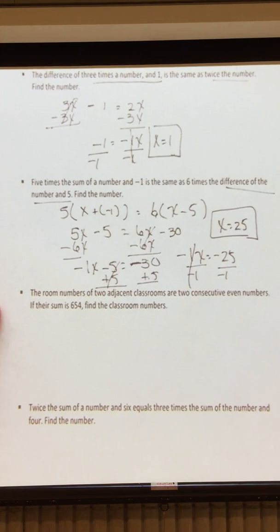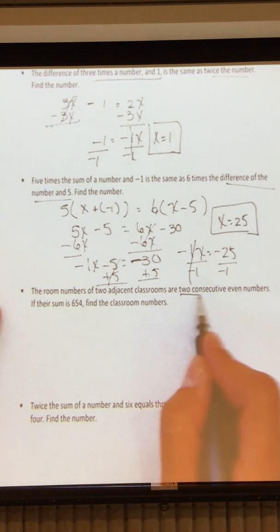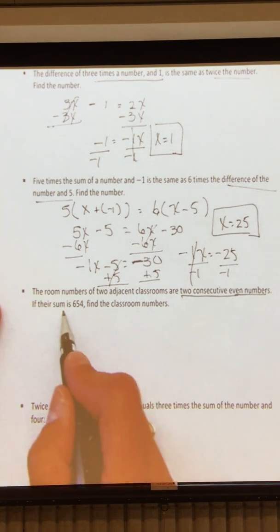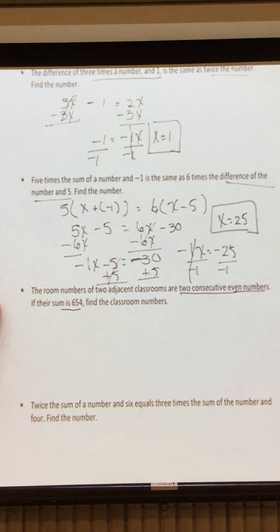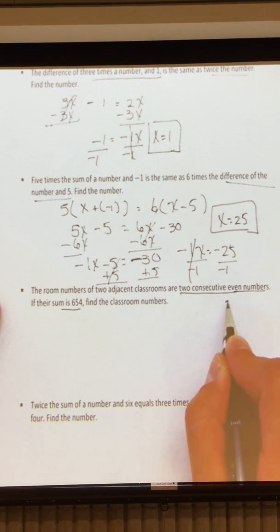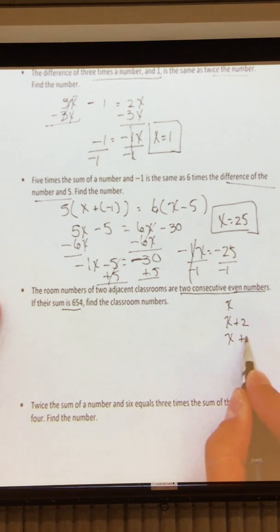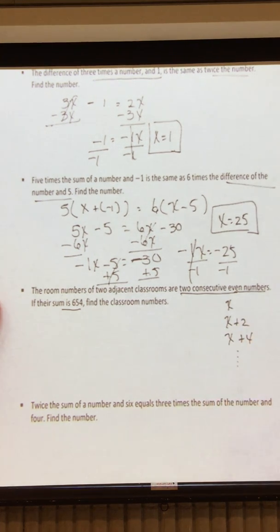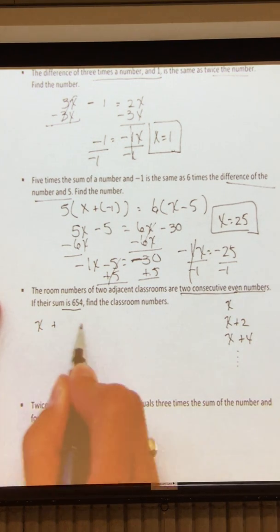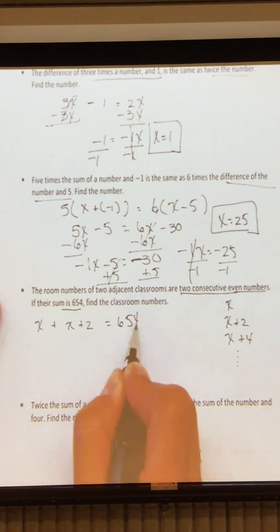And the next one, the room numbers of 2 adjacent classrooms are 2 consecutive even numbers. If their sum is 654, find the classroom numbers. So again, remember even numbers are x, x plus 2, x plus 4, and so on. So you have 2 consecutive even numbers, so you have x plus x plus 2 is equal to 654.